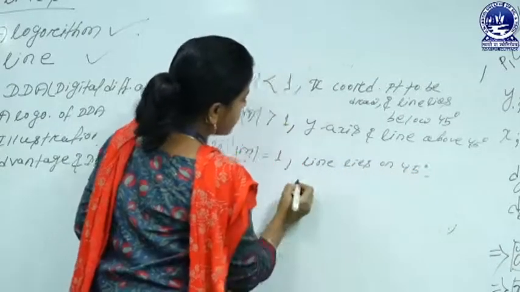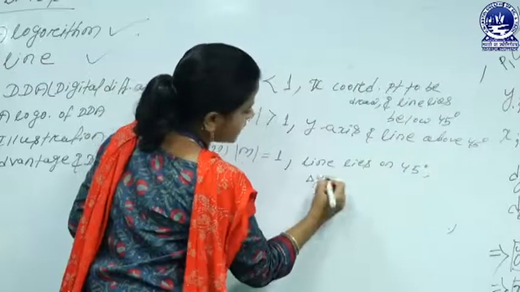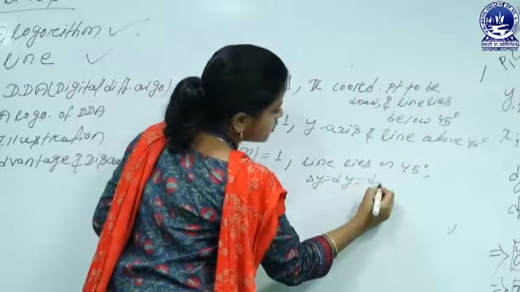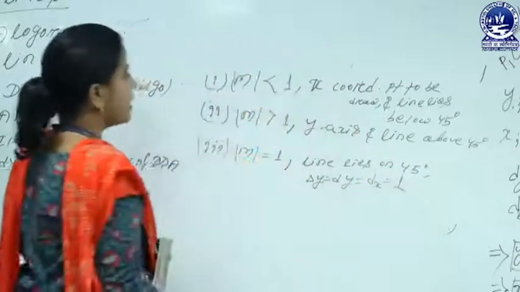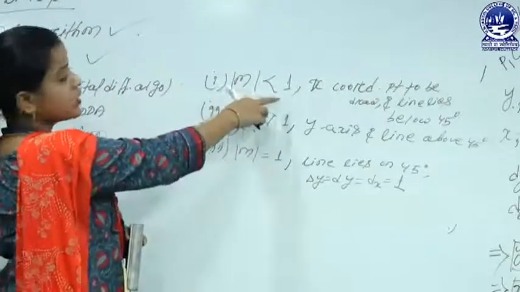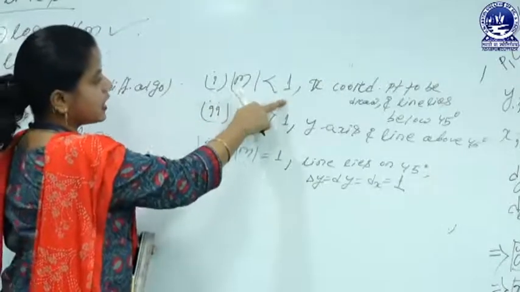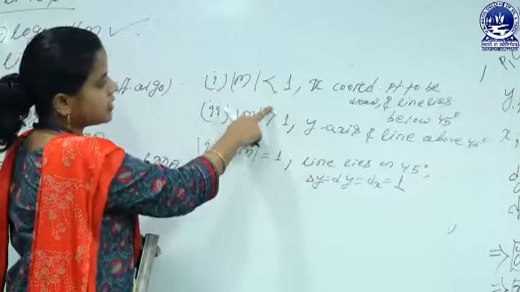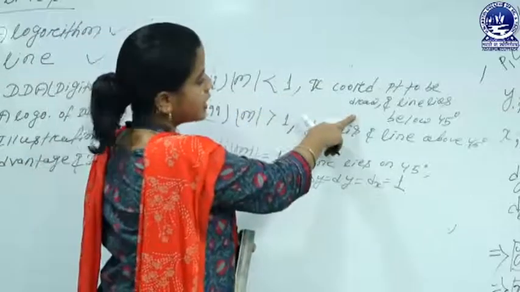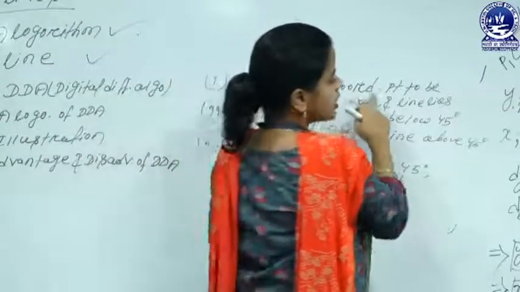That means here delta y means dy and dx are to be 1s. Okay. But whenever the slope is less than 1, here the x coordinate points are to be drawn. That means the point moves towards the x axis.